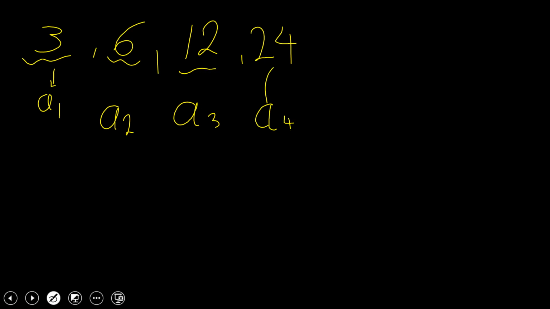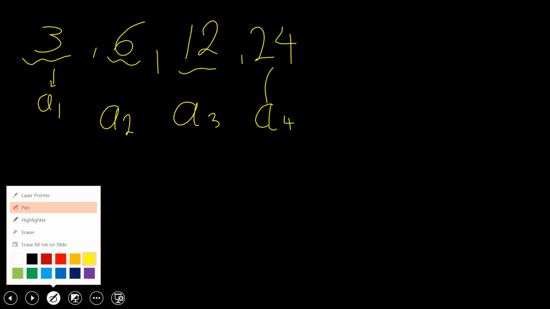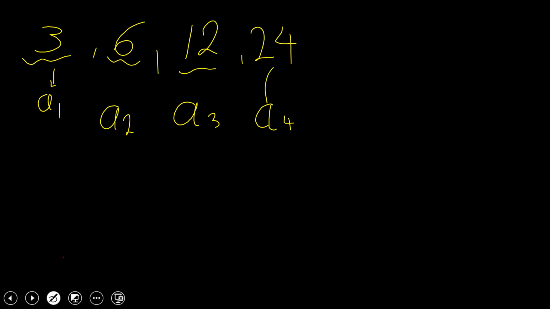And also we say that if I'm talking about geometric, I'm talking about a ratio. What does it mean by ratio? That means if I divide the second term by the first term, I get a number, we call it a ratio.